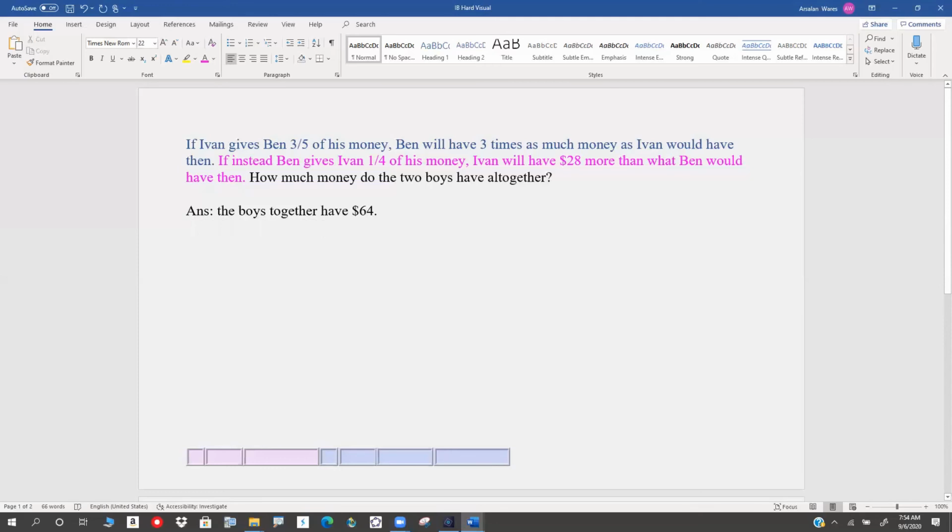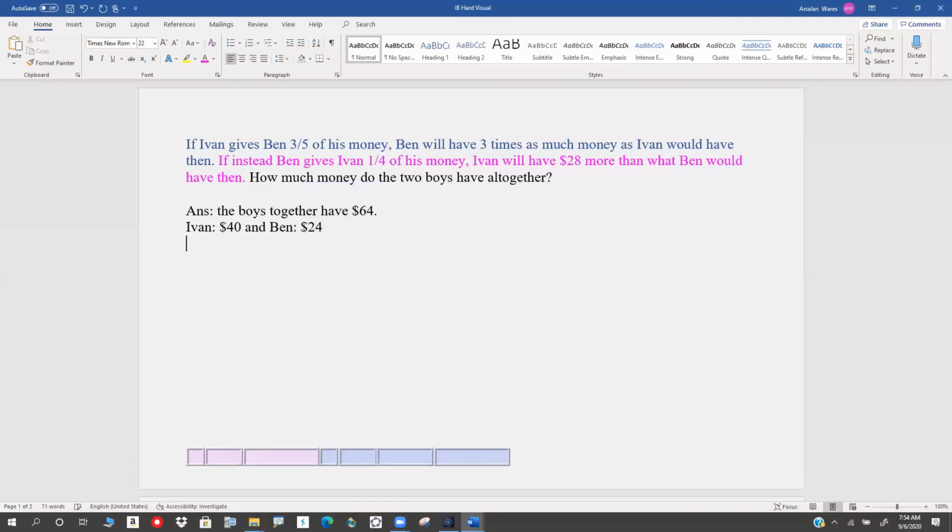Okay, now we are going to check our answer. So we found that the 2 boys together had $64. We need to know a little more than that. We also know that Ivan had $40 and Ben had $24.